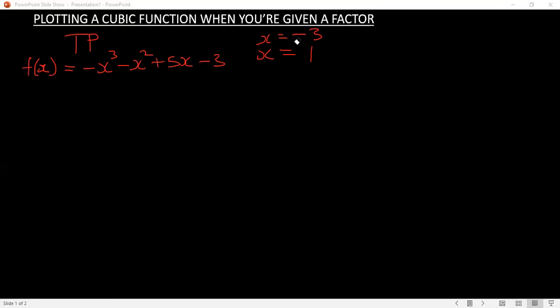The first thing you must do when determining the turning point is take the derivative of the given function. Here are the steps, guys. Step 1, you derive.